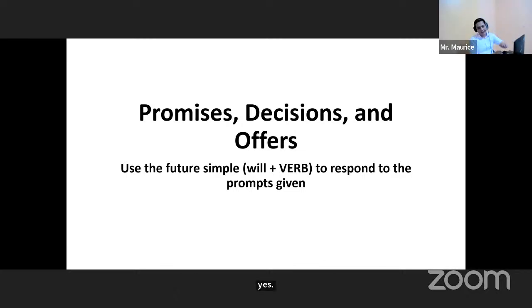Thank you, that's perfect. Okay, here we have more uses for the future simple. For example, in number one, we can use the future simple for promises, decisions, and offers. Promises would be use number 2, decisions use number 3, offers use number 4, because use number 1 was about prediction.